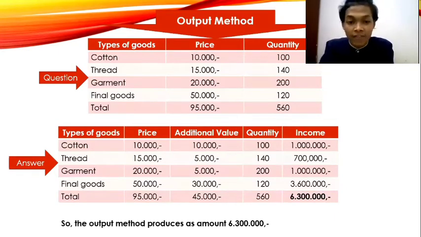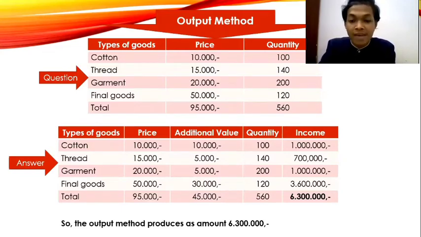For the price, cotton is 10,000, thread 15,000, garment 20,000, and the final goods the company produced amount to 50,000. For the quantity, cotton is 100, thread 140, garment 200, and the final goods 120.